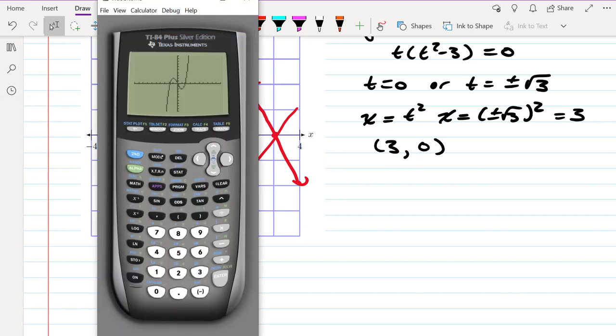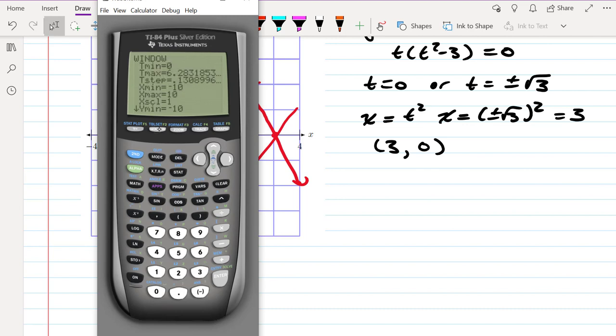So remember, to put our calculator in parametric mode, you press your mode key, and we go down here and change our calculator from function mode into parametric mode. And then we press our y equals, and we put our x and our y in. So our x is t squared, and our y is t cubed minus 3t.